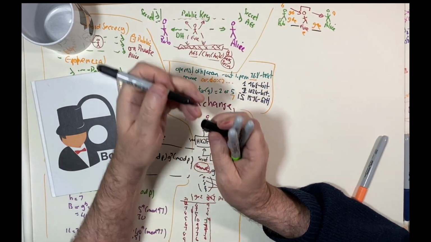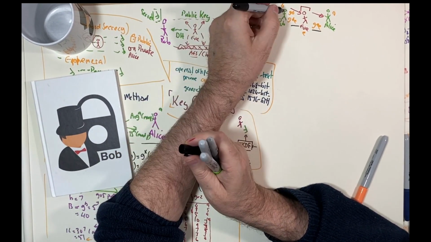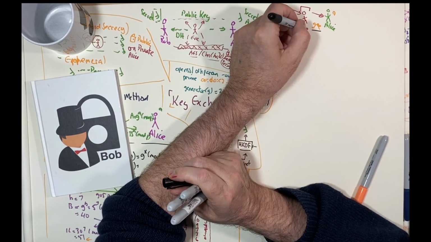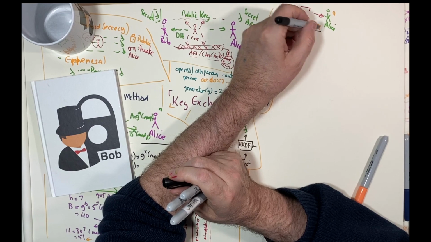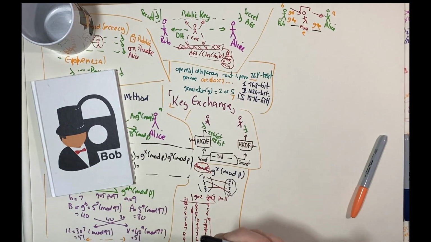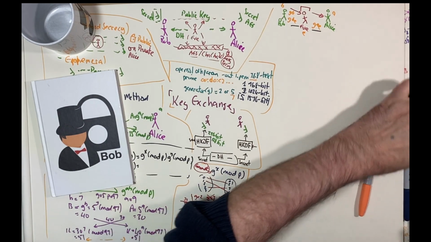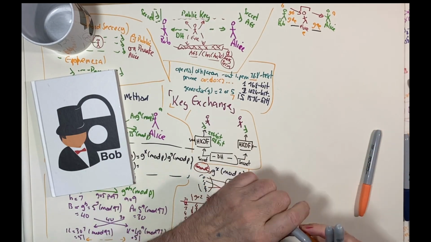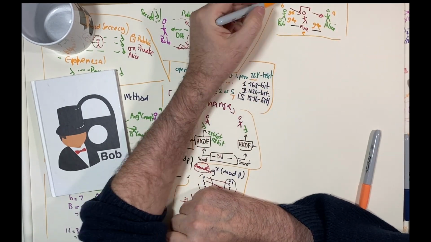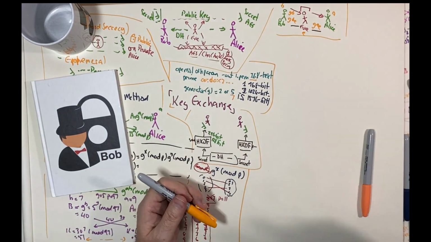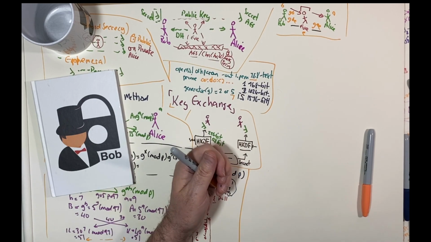Basically, we would encrypt with g to the power of b for this tunnel. Eve would decrypt it and then re-encrypt with this key. So this is the main weakness of the Diffie-Hellman method, and we would probably never use this in real life. What we often do is make sure that Bob can know he's communicating directly with Alice, and we would do that with normal public key encryption methods.